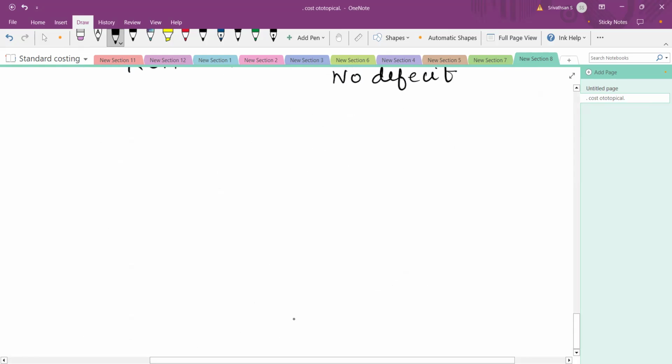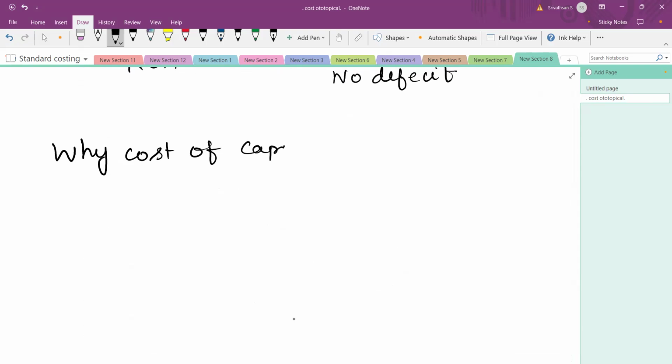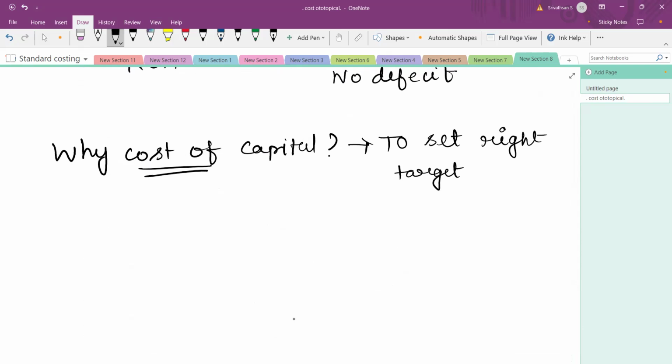Now, why is cost of capital important? First, let me tell you the reason. Cost of capital is important to set the right target for the company.